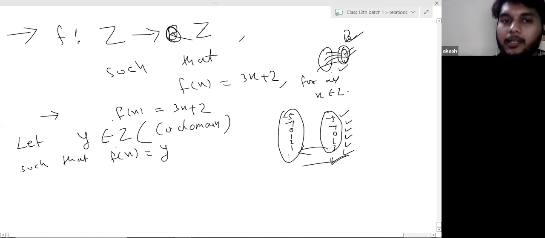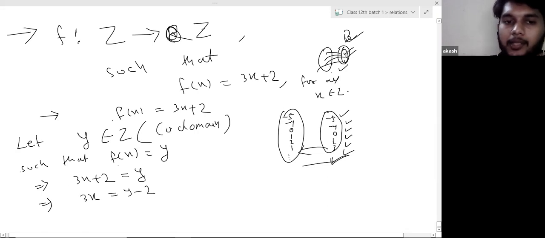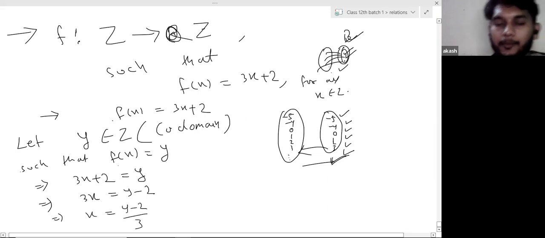Let me assume y in such a way that f of x is equal to y. What is f of x? f of x is 3x plus 2. This is equal to y. Now the crucial step is to write x in terms of y. So 3x is equal to y minus 2. This implies x is equal to (y minus 2) upon 3.